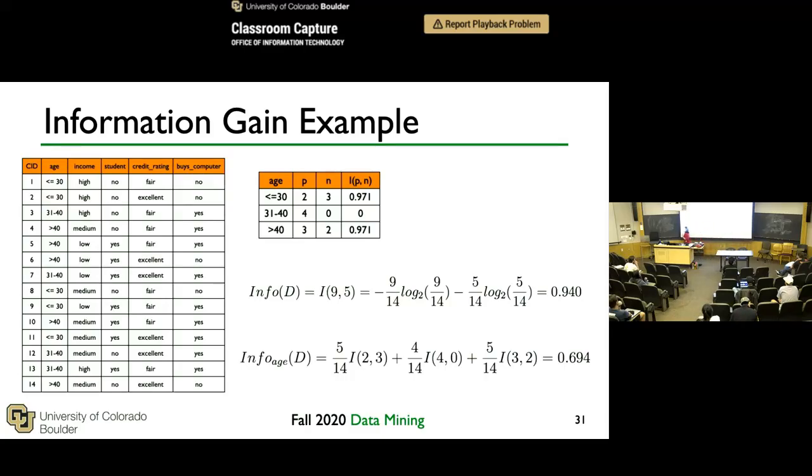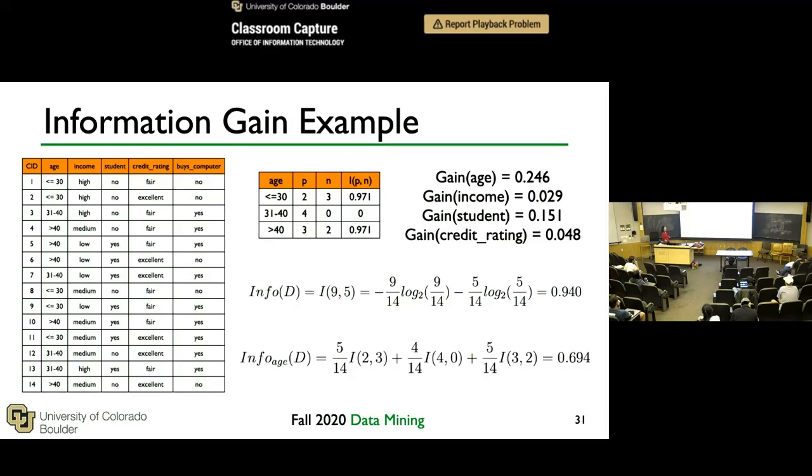So if you do the calculation, you get the value of 0.694. And now I just need to calculate the gain. So for the first one, age, the gain is 0.246. And I would do the same process using the other attributes: income, being a student or not, credit rating. And I have calculated their gain values.